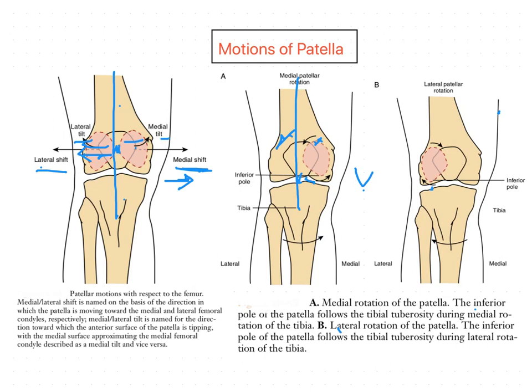So the pole which is facing towards the tibial tuberosity follows the lateral rotation of the tibia, and the base of the patella is facing towards the medial femoral condyle. So this is called lateral patellar rotation. These are all the motions of the patella.